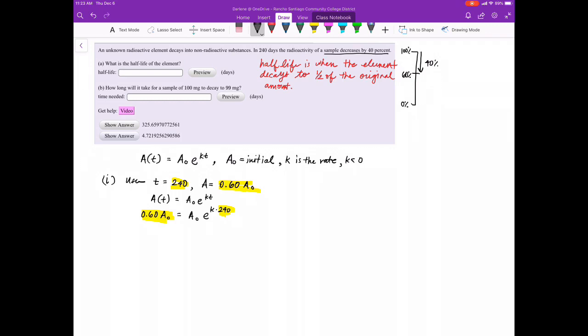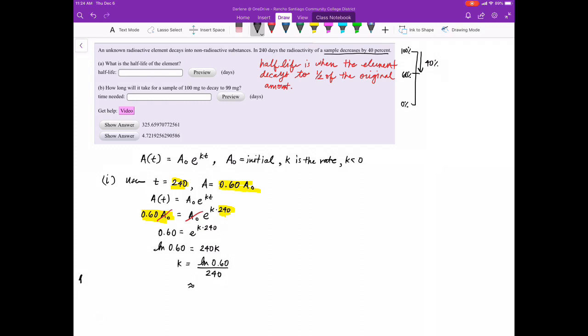If I divide each side by A sub 0, these both reduce out, and all I'm left with is 0.60 equals e to the k times 240. Solving for k, I would take natural log, so this would be natural log of 0.60, which equals 240k, and therefore k is equal to natural log of 0.60 divided by 240.